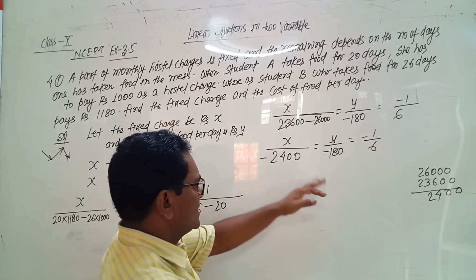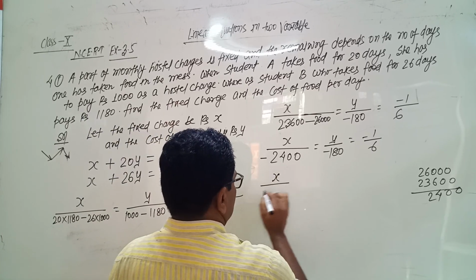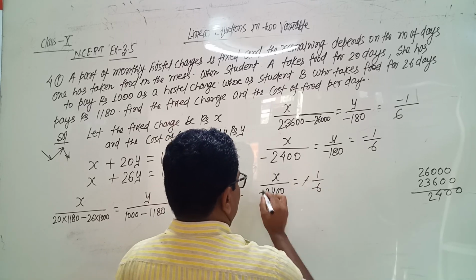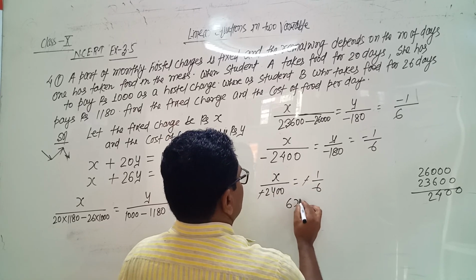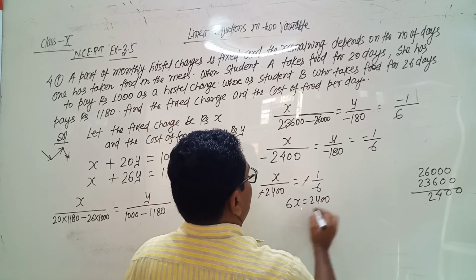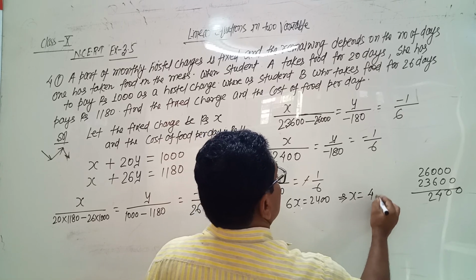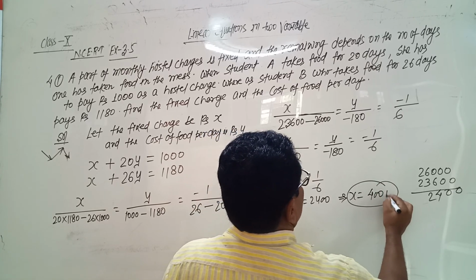Now we solve first and last. So X by minus 2400 equals to minus 1 by 6, minus and minus cancelled, and 6X equals to 2400, and the value of X equals to 2400 upon 6, which is 400 rupees.